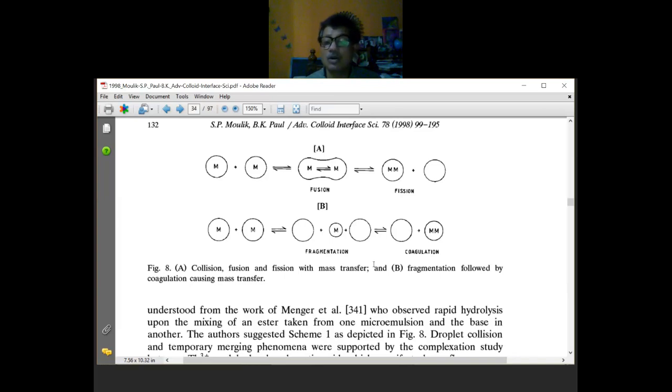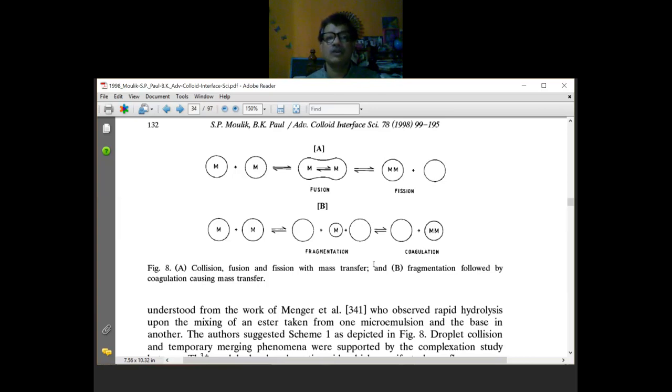Now, if you take a water in oil microemulsion, and if you have some ionic component in the water pool, you can expect the microemulsion droplets to respond to electrical conductivity, although not as well as the aqueous medium.